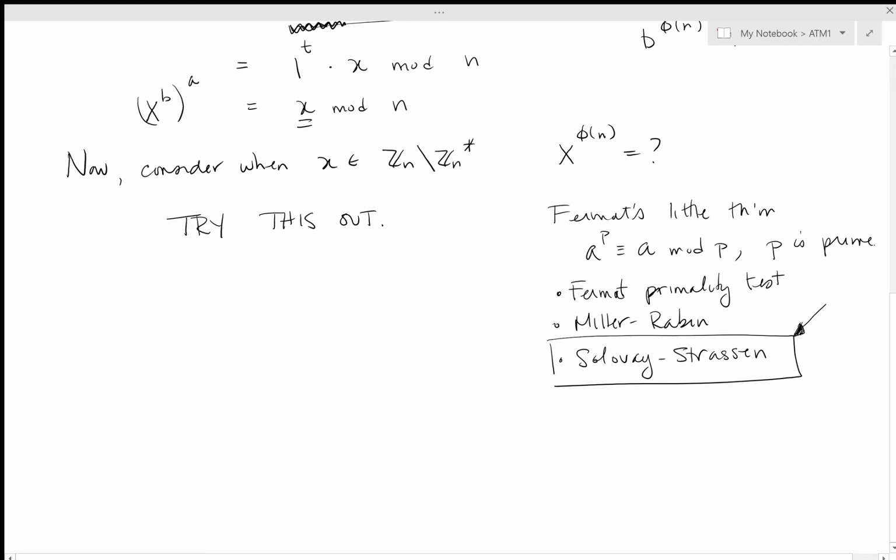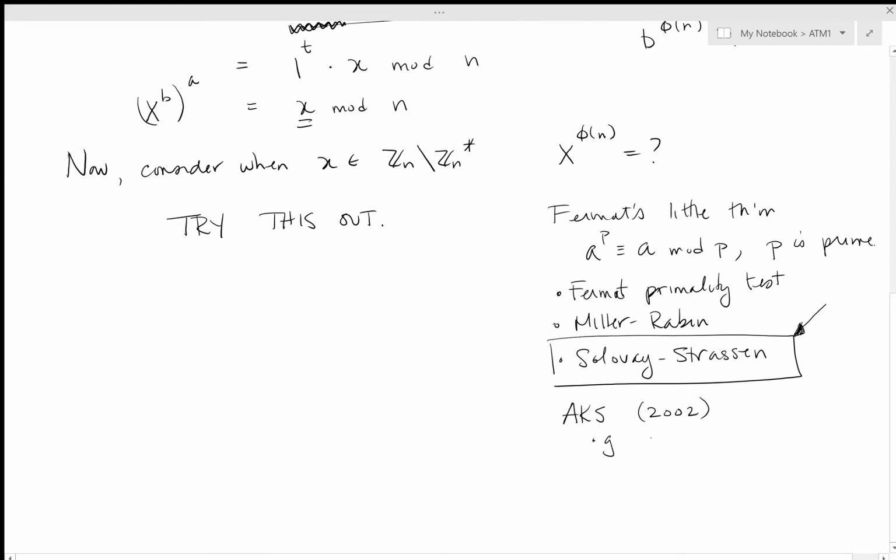There is in fact a deterministic polynomial time algorithm for determining whether a number is prime, and this is not something we're going to cover at all. I merely bring this up for your interest, that you may want to look it up. It's very recent. This is the AKS algorithm. It's from 2002, so this is a recent breakthrough.